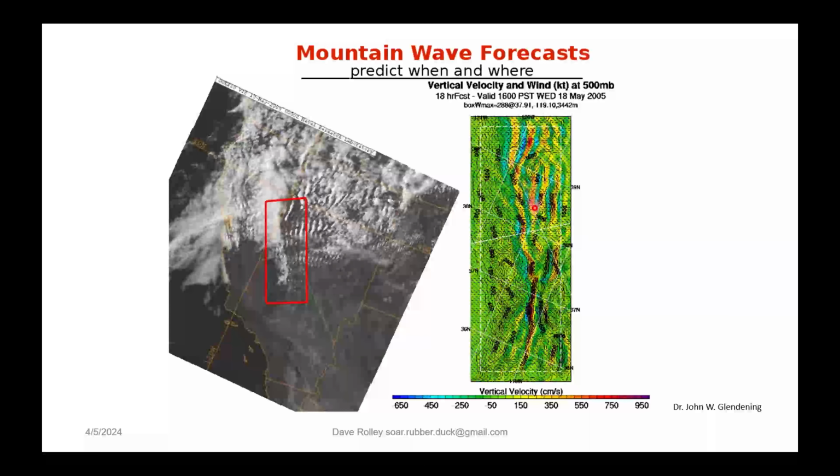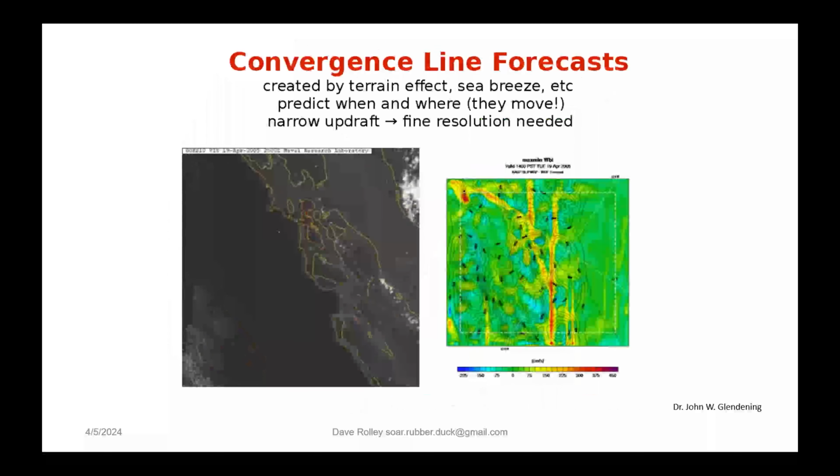And what that is, it's predicted wave activity based on the wind speeds and the stability of the atmosphere with the likelihood of vertical motion. And I thought that was real interesting.